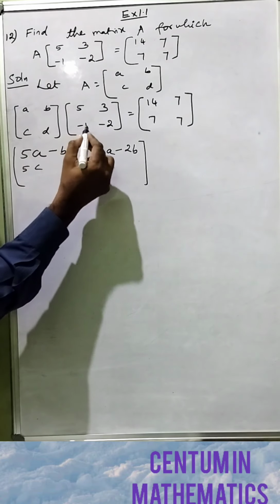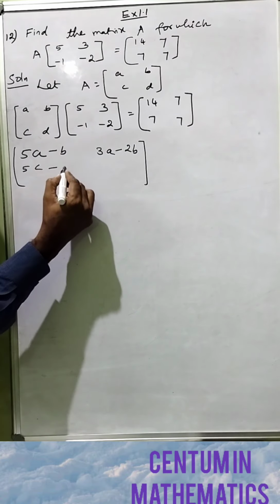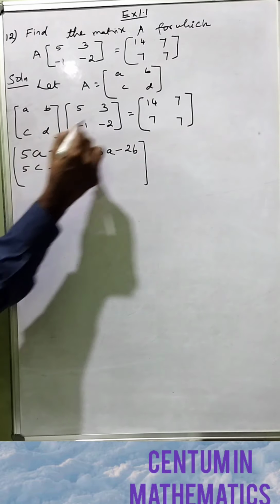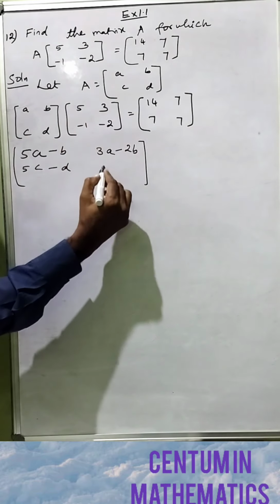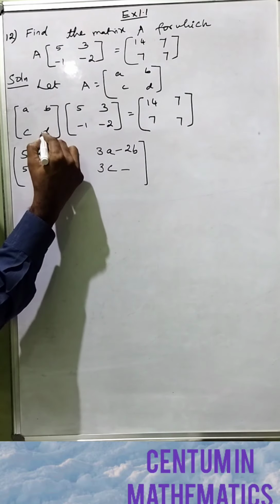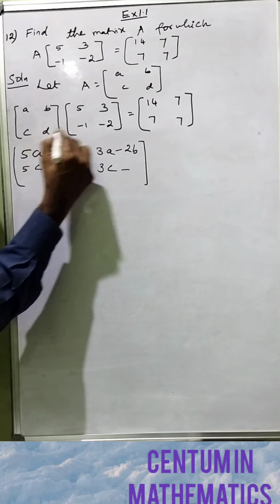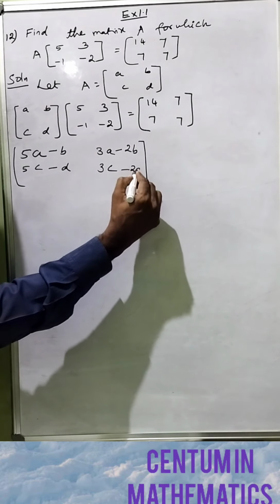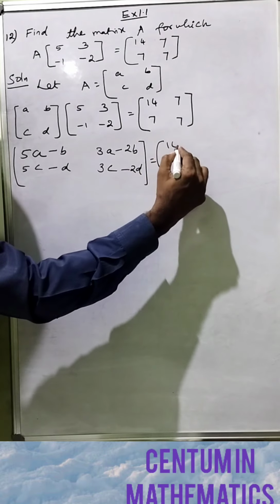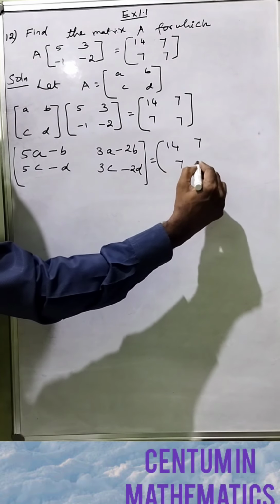Then D into minus 1, minus D. Next, second row, second column, 3 into C, 3C. Minus A, D into minus 2, minus 2D equal to 14, 7, 7, 7.